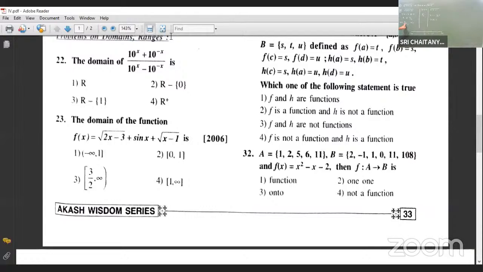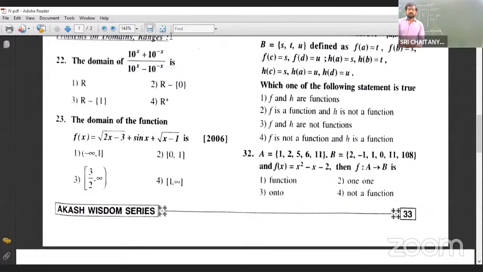The domain of the first is 1.5 to infinity, the domain of sin x is R, and the domain of the last is 1 to infinity. So what is the intersection? The domain of this function is 3 by 2 comma infinity, closed at 3 by 2. Copy this one. This is the normal method.